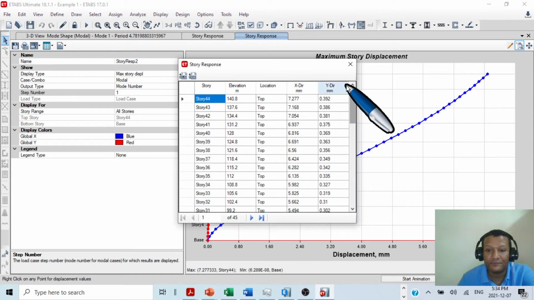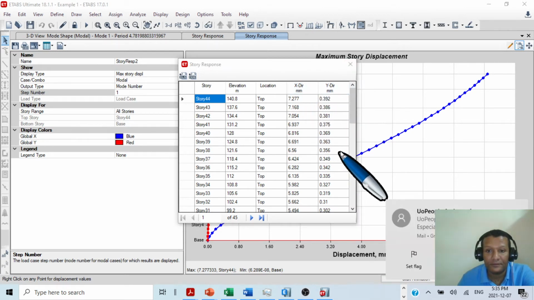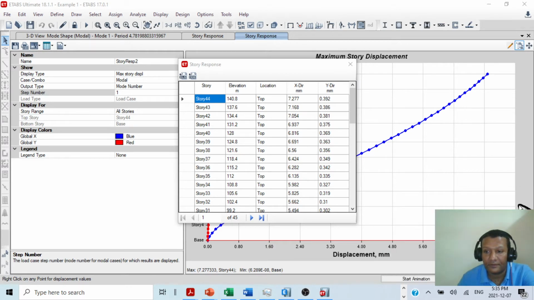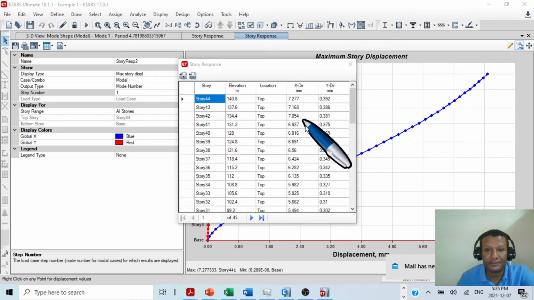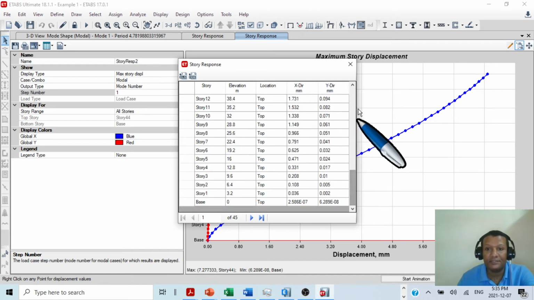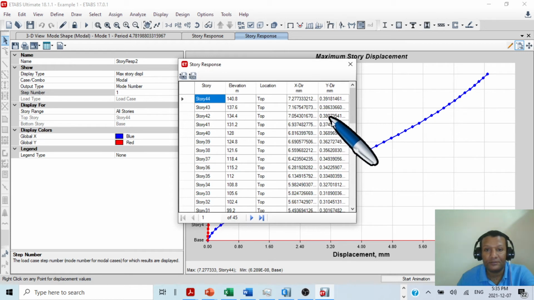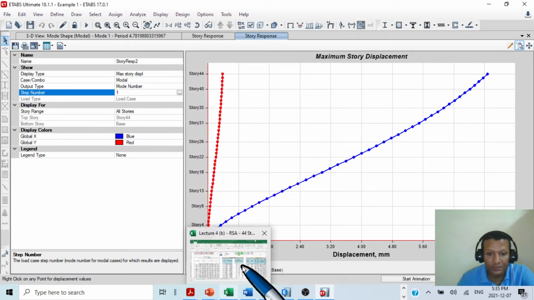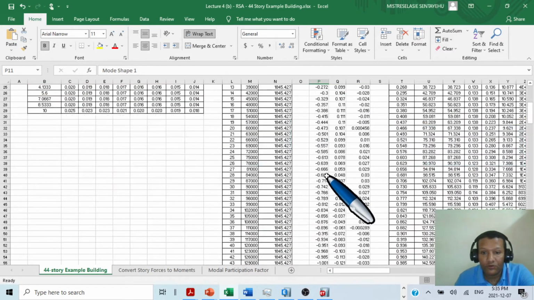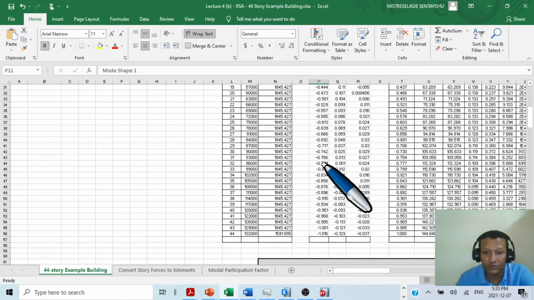As you can see, this is the elevation, this is the location, this is x in millimeter, this is y in millimeter. Or unformatted, for example, you can see here this is the formatted one and that is the unformatted one. So we will take this mode shape to here, but our 44th story is down, so this is mode shape one for us.